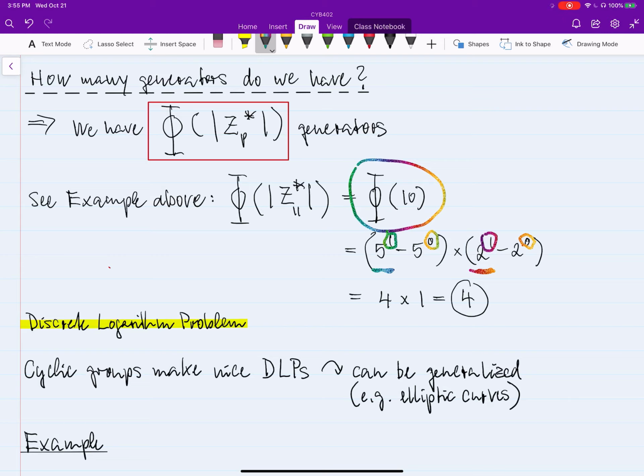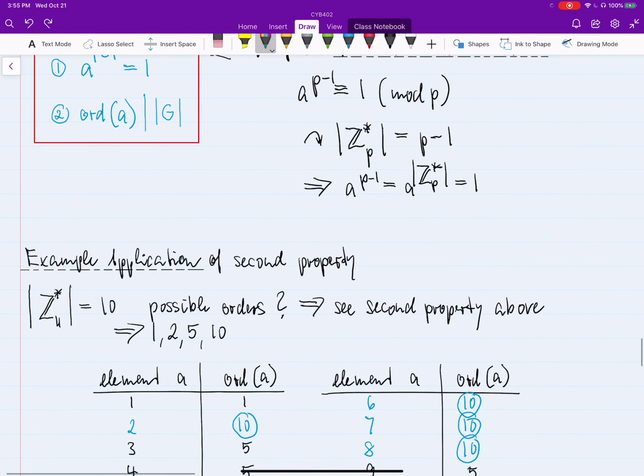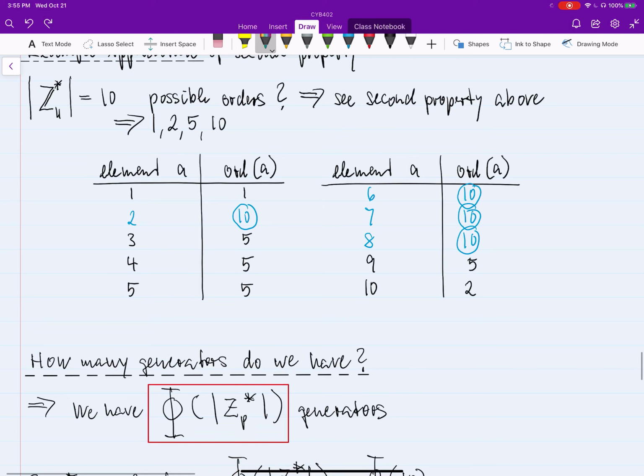So we have 5 to the 1 minus 1 times 2 to the 1 minus 1, and this yields 4. And as you saw before, we actually have 1, 2, 3, 4 generators here.